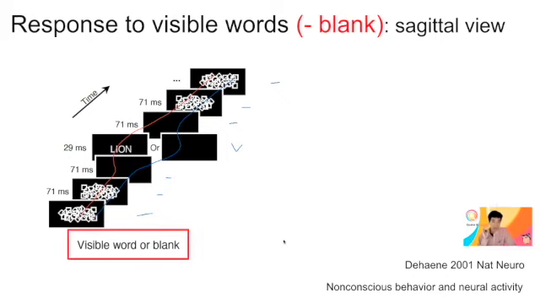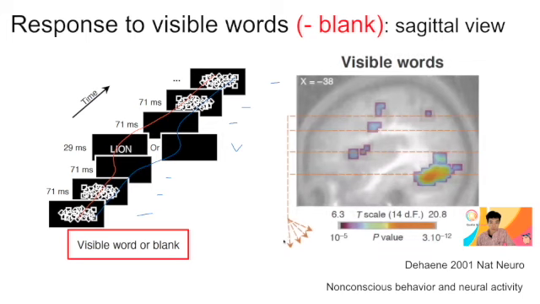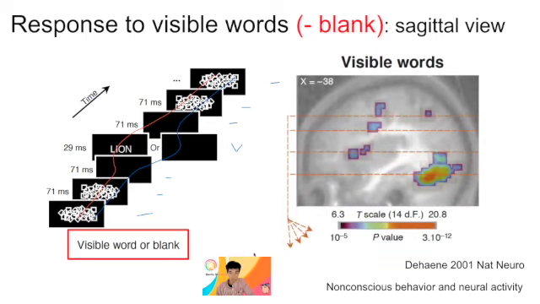All right, so the visible-versus-blank situation is subtracted, and what they found is the following. This is a sagittal view, so you see the brain in slice, from forward to backward. The red part is the response that is very, very strongly different from chance: 10 to the minus 12, so really like 0.00001 kind of significance here.